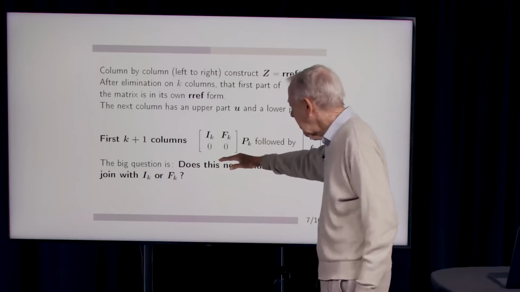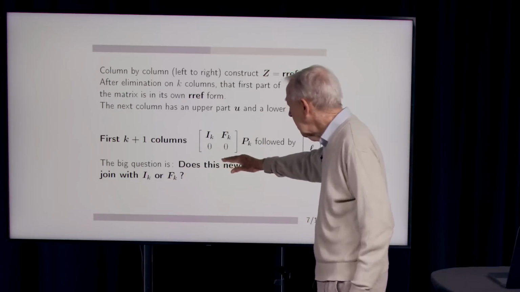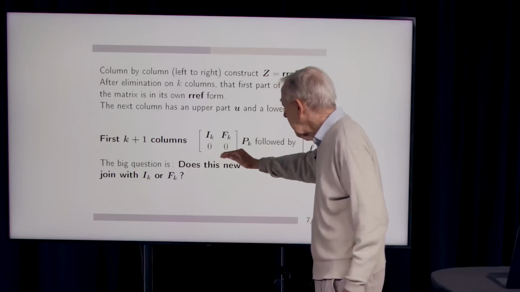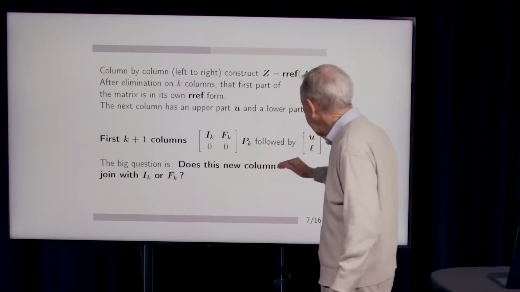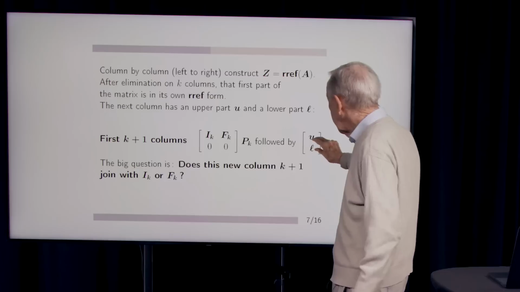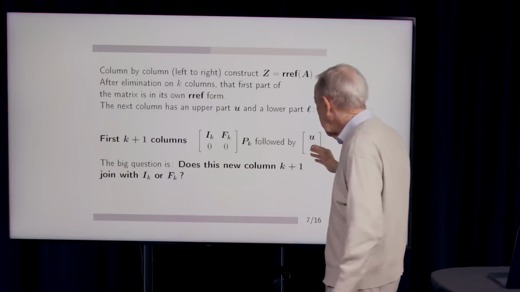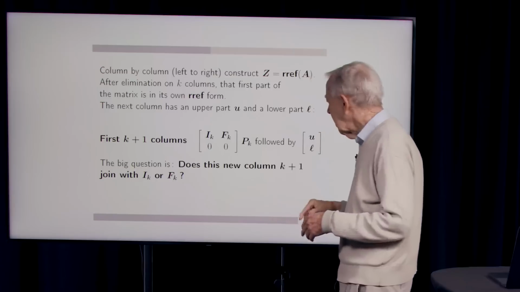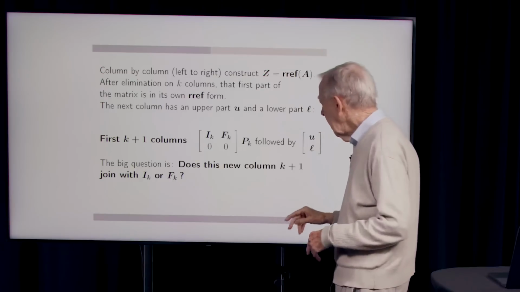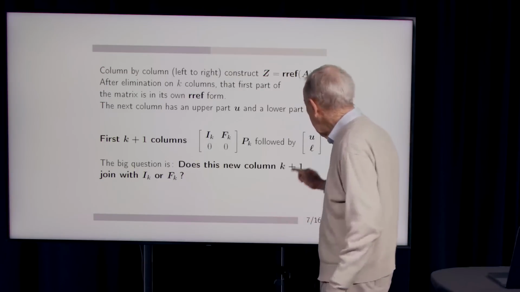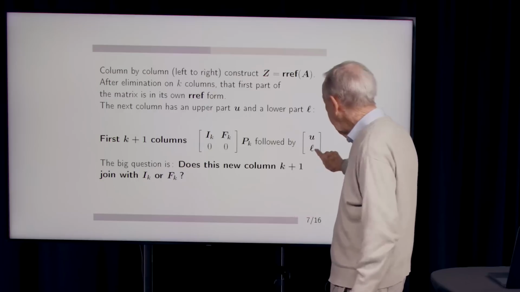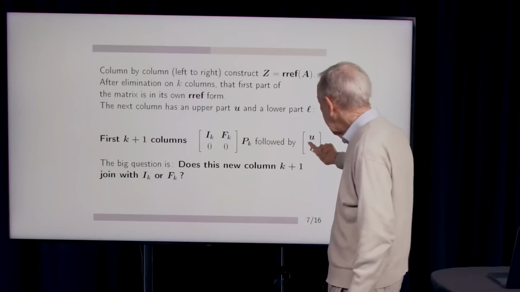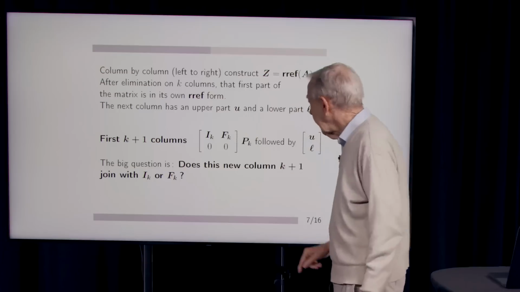And if L is 0, then the new column is dependent on the old columns and doesn't add anything new. So again, if L is the 0 vector, that will go in with F.